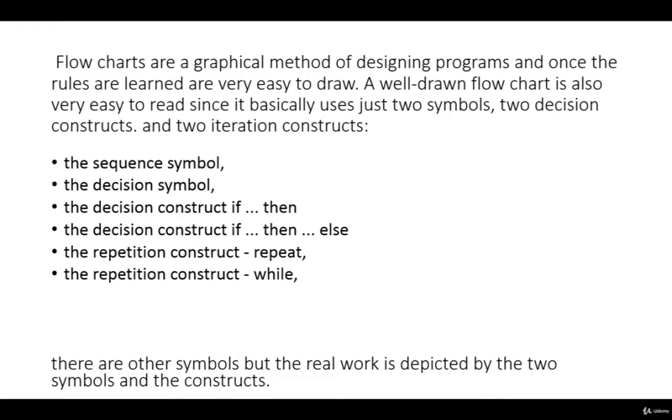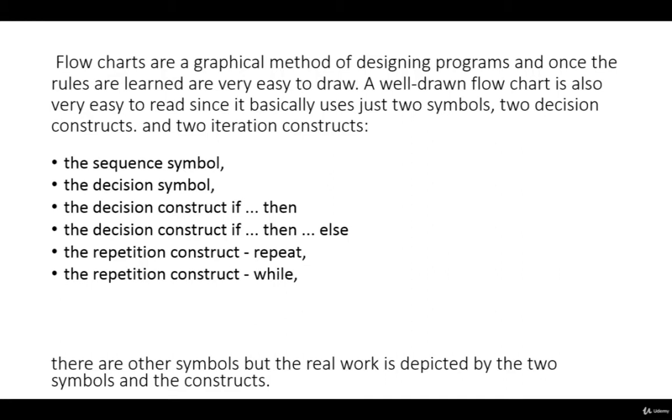Flowcharts are a graphical method of designing programs, and once the rules are learned, they are very easy to draw. A well-drawn flowchart is also very easy to read, since it basically uses just two symbols, two decision constructs, and two repetition constructs.